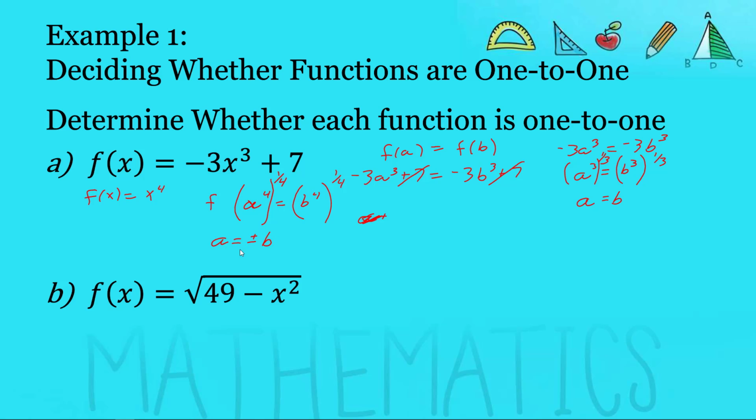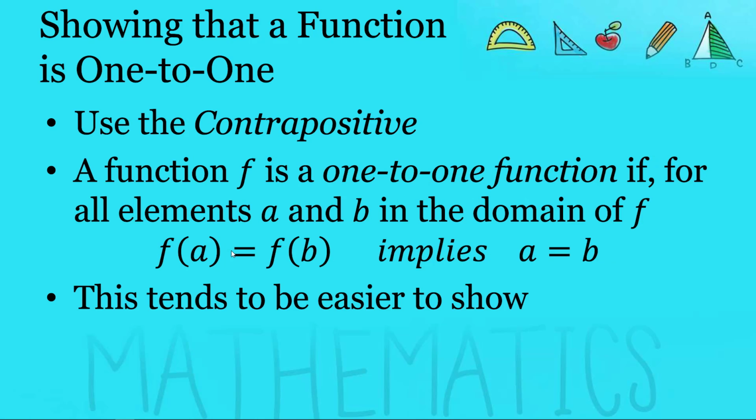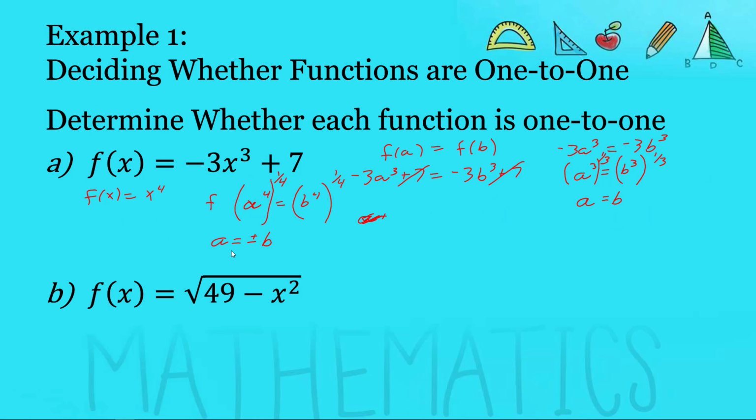As a consequence, a can be either plus or minus b, which violates our condition of f of a being equal to f of b implies a is equal to b, because here we now have that a is equal to b and a is equal to minus b. So in this particular case, this would not be 1-to-1.